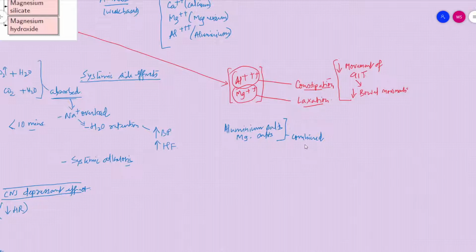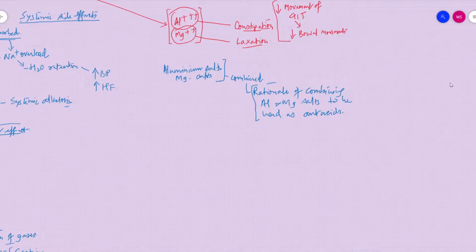So let's understand why we combine. Let's learn the rationale of combining aluminum and magnesium salts to be used as antacids. There are two main reasons. The first reason is that aluminum has a fast onset of action.